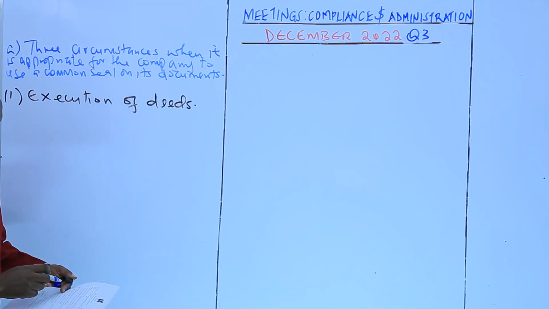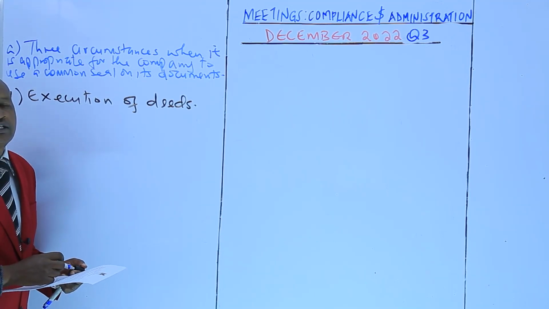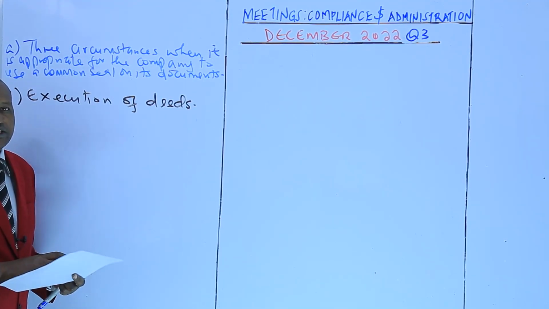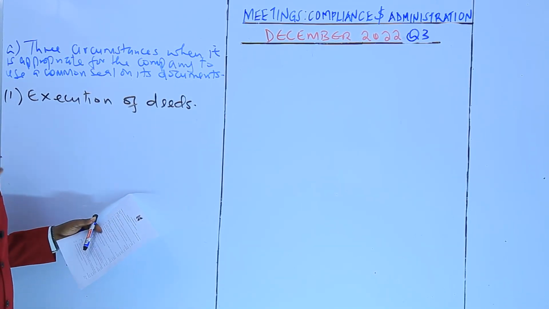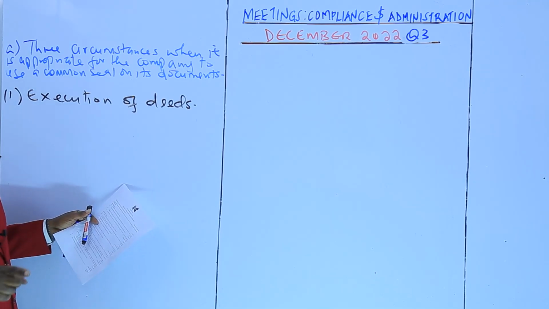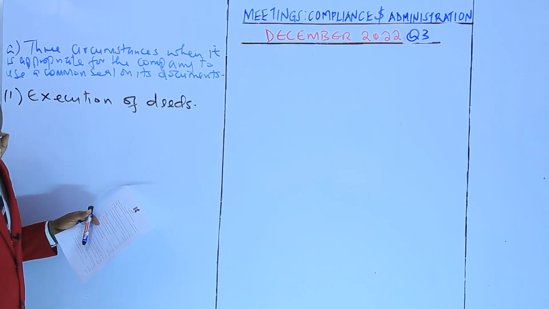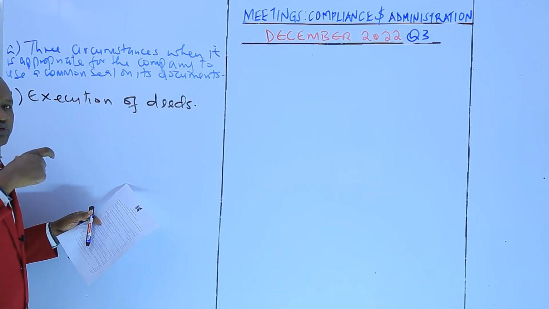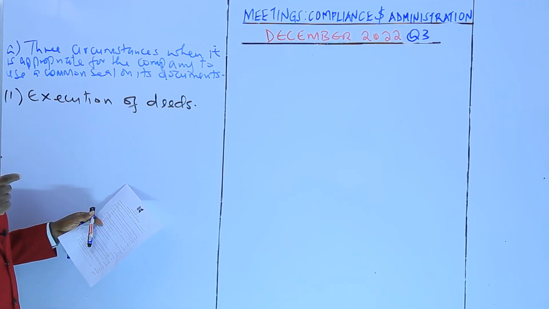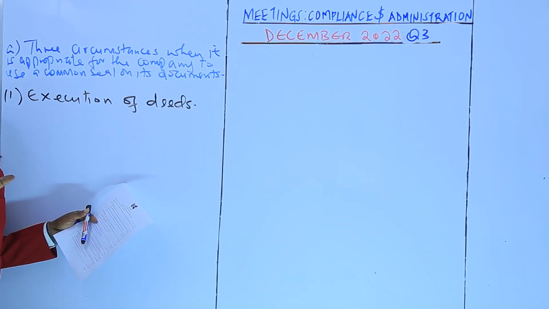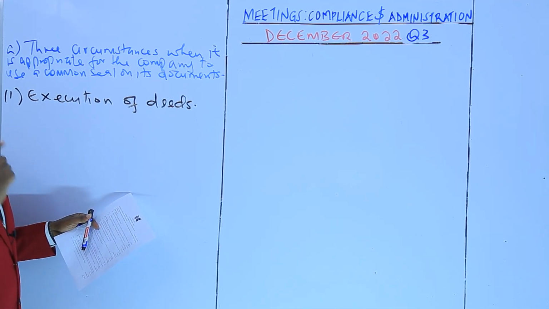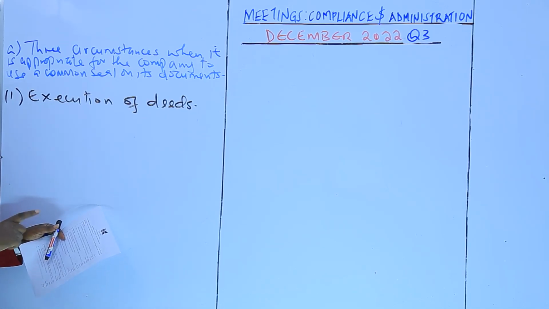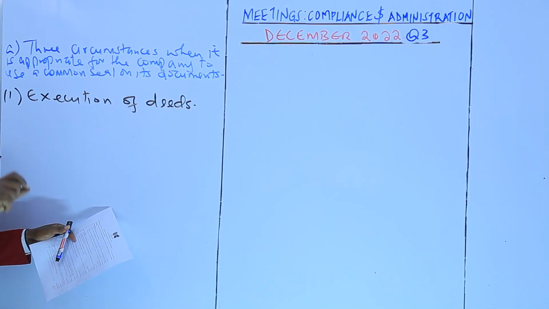In some jurisdictions, candidates, the execution of deeds requires the use of a common seal, and a company may use a common seal to affix its official mark on the deed to indicate its authenticity and formal execution.